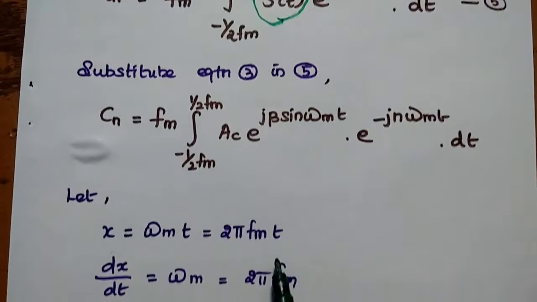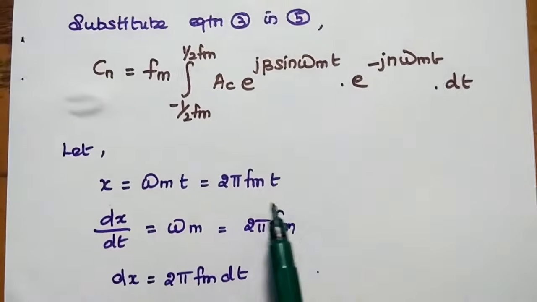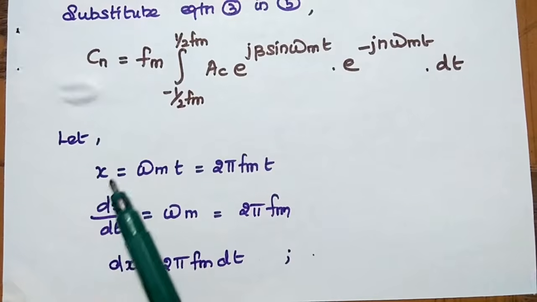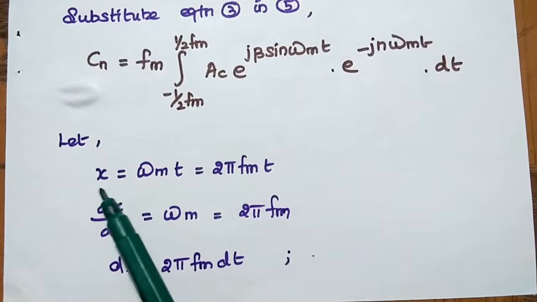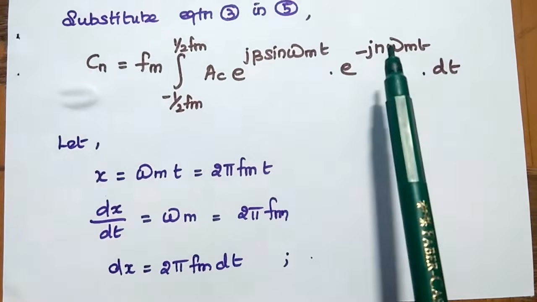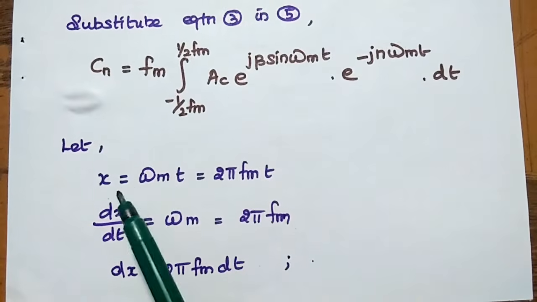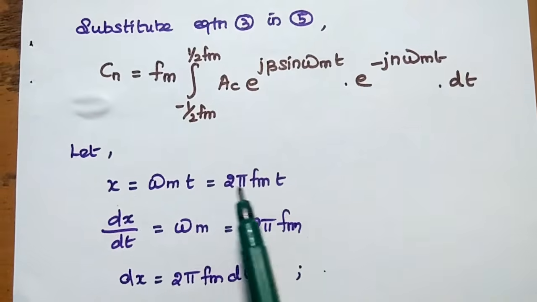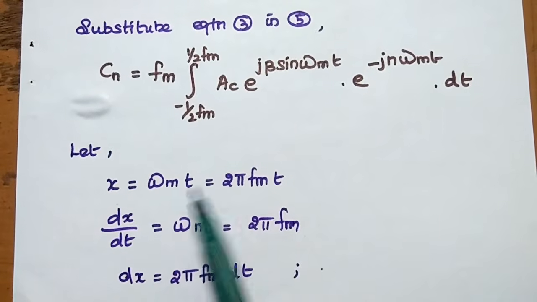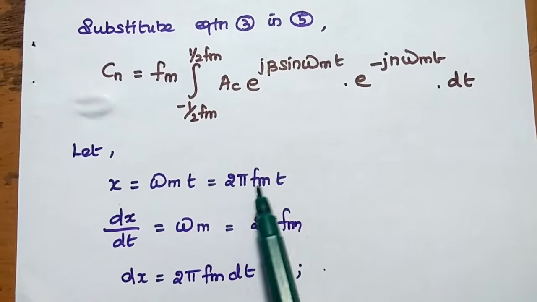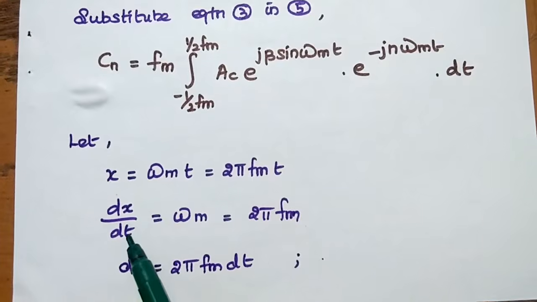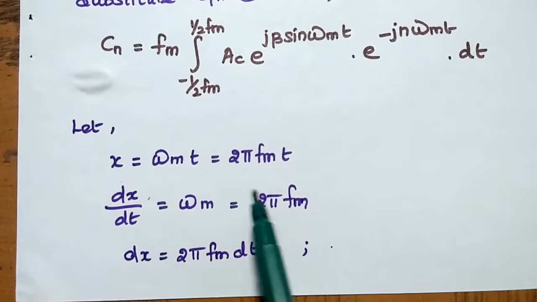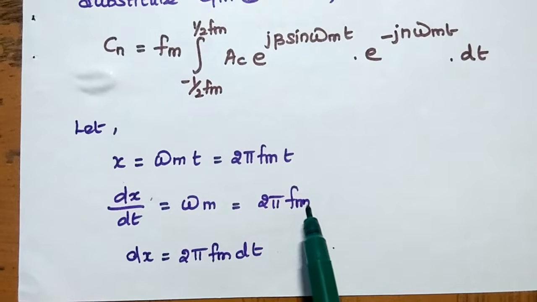dt. Now we are going to assume a variable x equal to omega m t. Here omega m is nothing but 2 pi fm, so x equals 2 pi fm t. If we differentiate x, we get dx by dt equal to 2 pi fm.